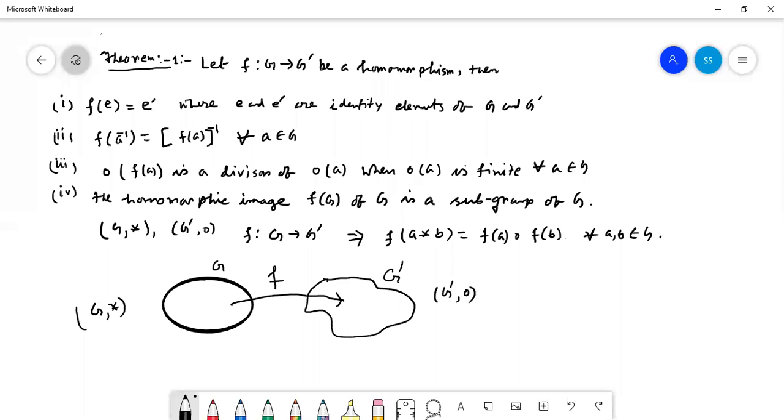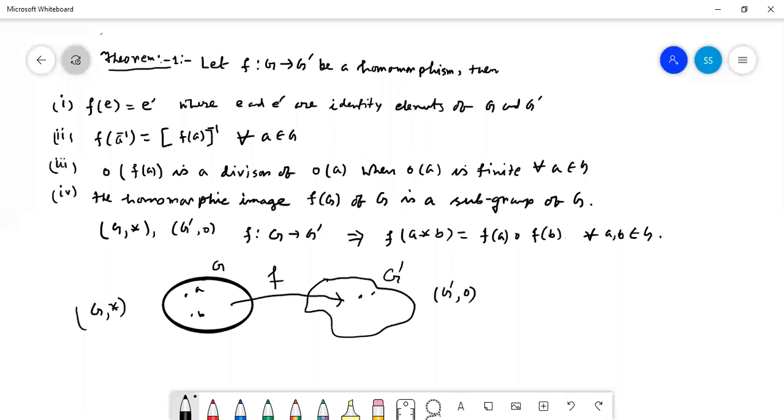If there exists a function from G to G dash such that if we take any two elements from G and make the composition, it will come to f of a composition f of b. Here is a and here is b.